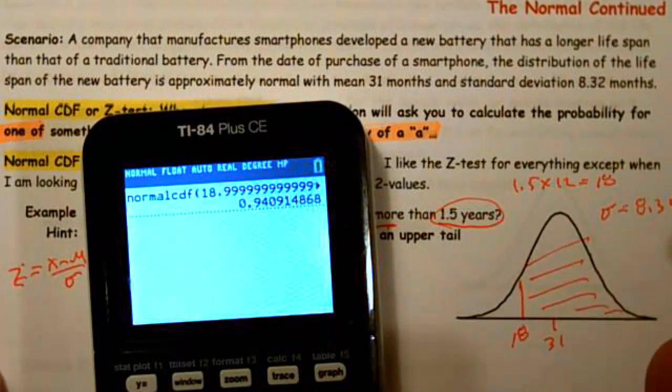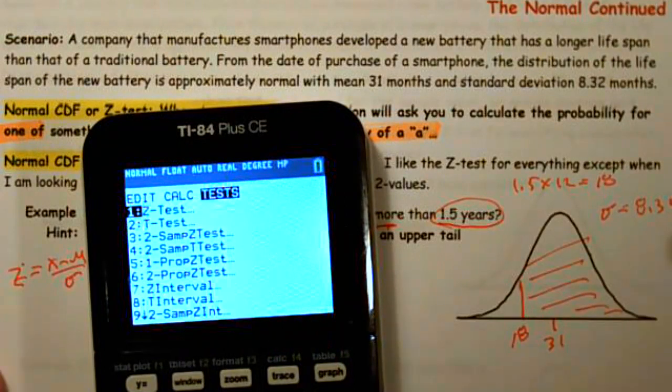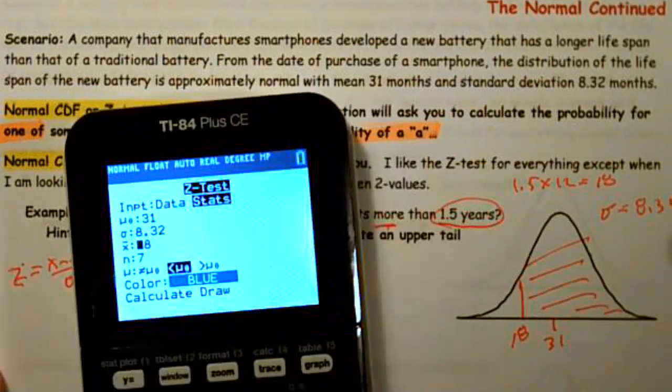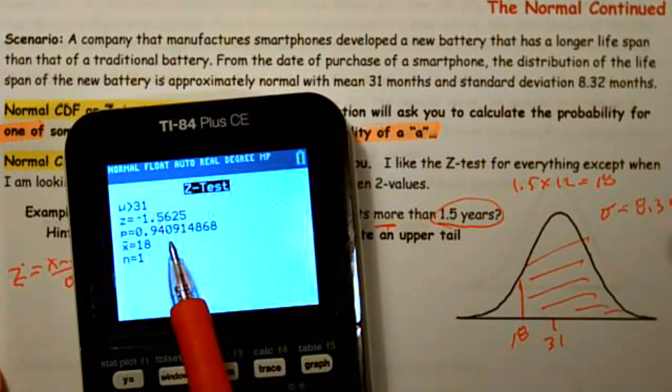But what I much prefer is if you use a stats test, Z-test, and here's why. When I do that, my mean is 31, my standard deviation is 8.32, my X value was the 18, but my sample size is 1, and then I just select the arrow, in which that is the direction, which since we shaded up, I needed the greater than. And once again, I get 0.94.